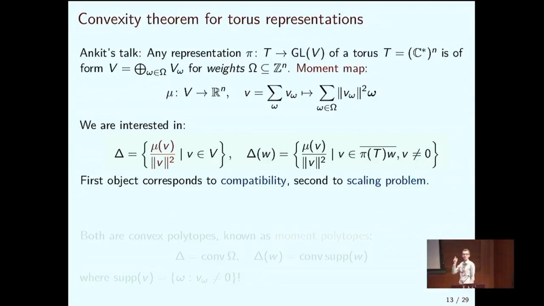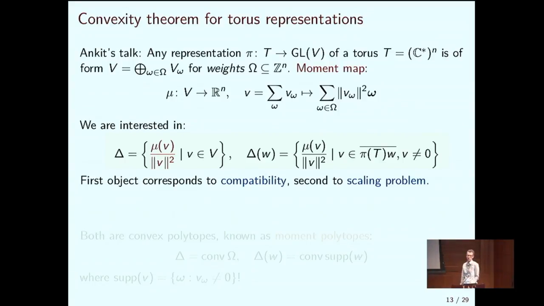So, yes? Can you view the first line, essentially the sum of squares times omega, as a polynomial with non-negative coefficients? Yes. That's right, yeah. Basically, the rest is just some general nonsense to have arbitrary torus representations.